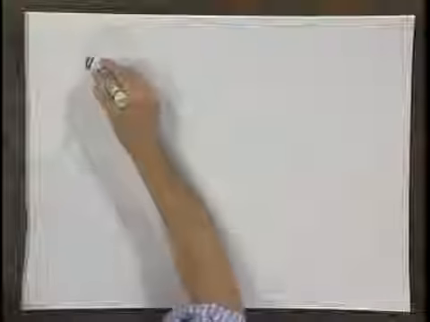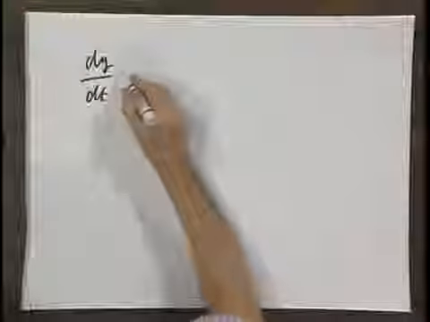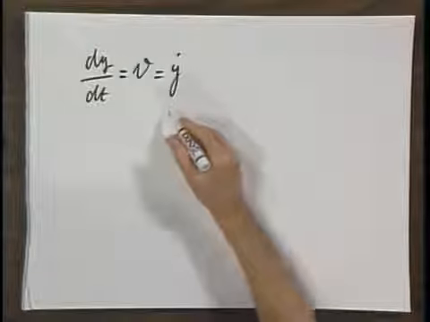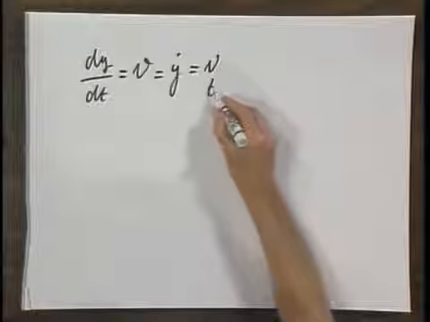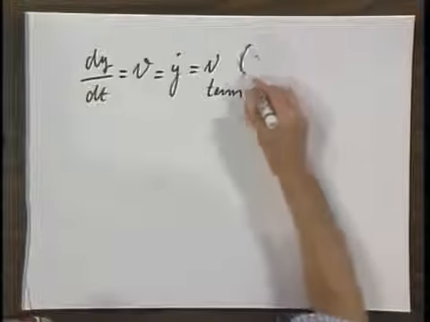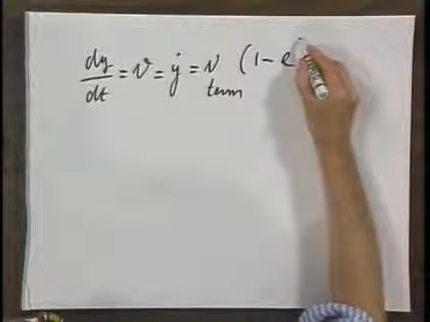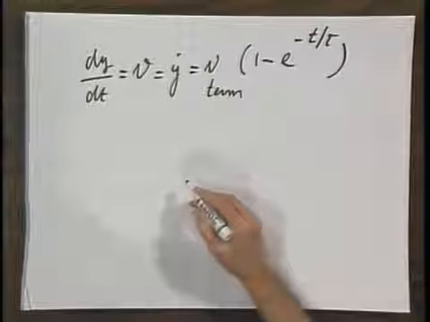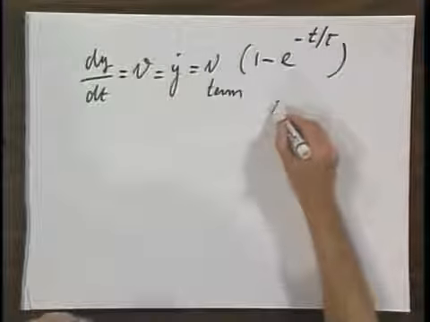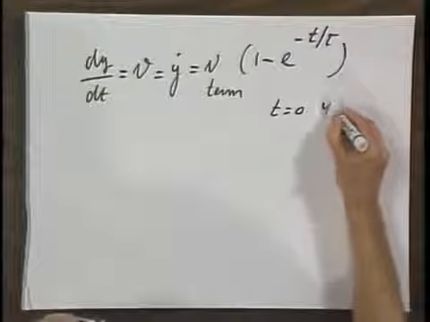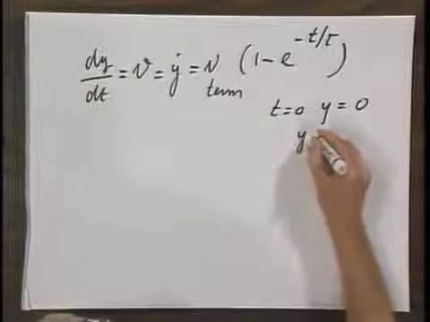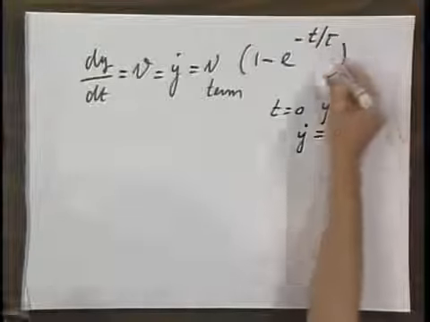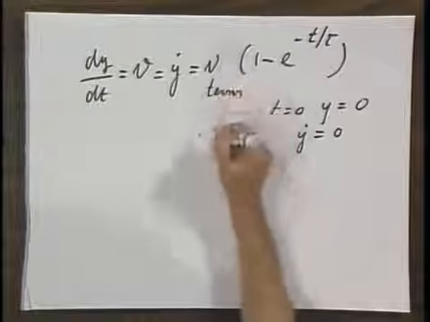The velocity as a function of time, dy dt, for which we wrote v, for which we have written y dot, has the form terminal velocity times 1 minus e to the power minus t over tau. And at t equals 0, we have to be at y equals 0, and the speed is 0. We know what tau is, we calculated that. We know what the terminal speed is, we calculated that too.